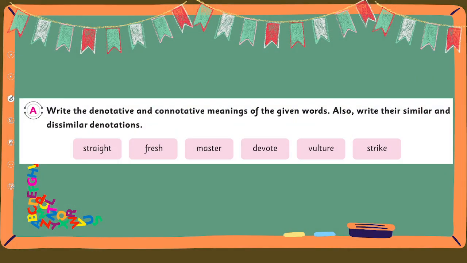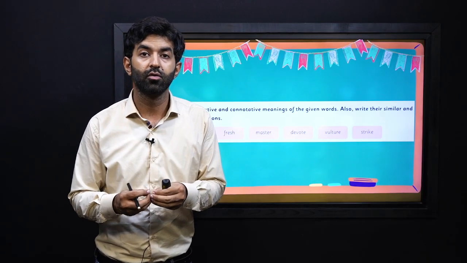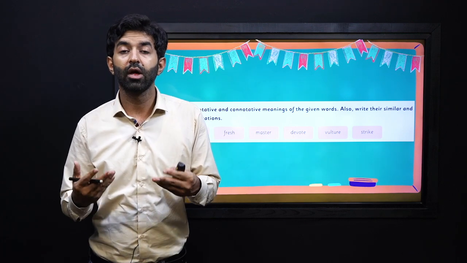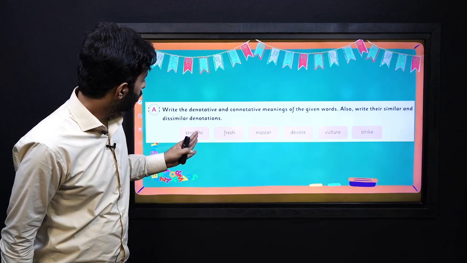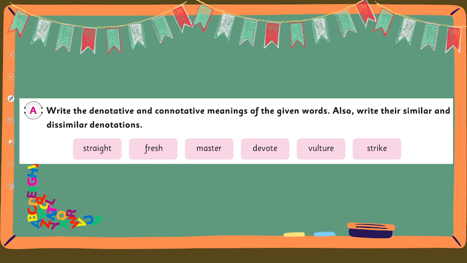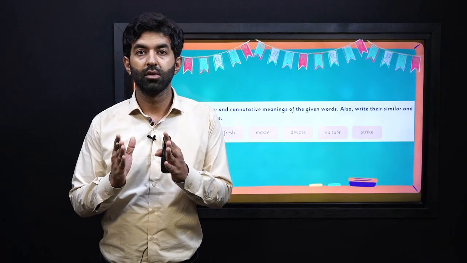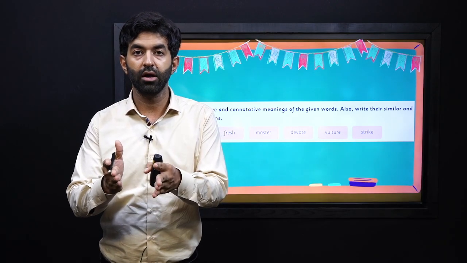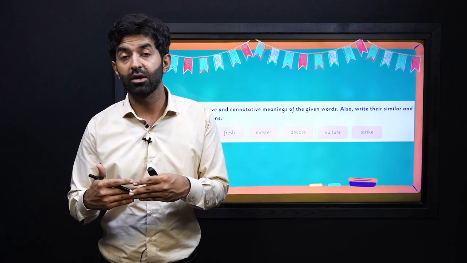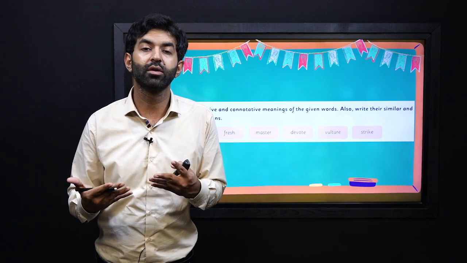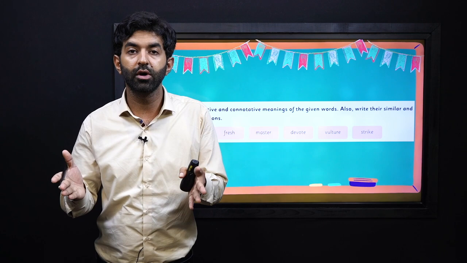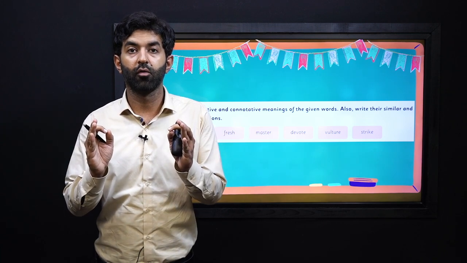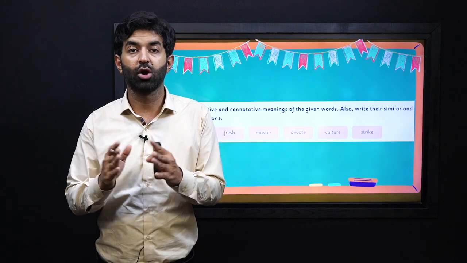Now, students, what you're supposed to do is, you have these words, and you have to write their denotative and connotative meanings. For example, the word straight. Straight means in a straight line, right? But in connotation, straight can mean somebody who's straightforward, somebody who is not a liar.